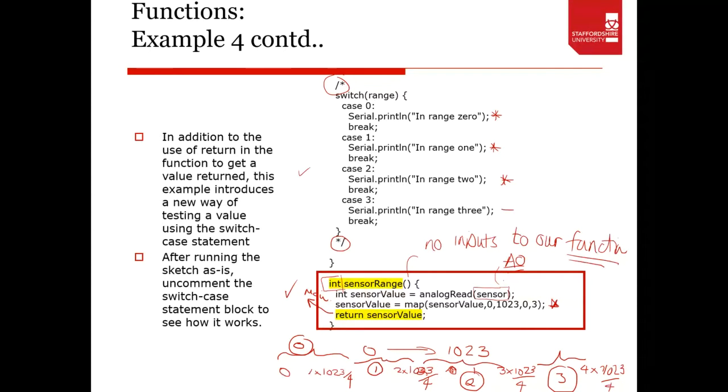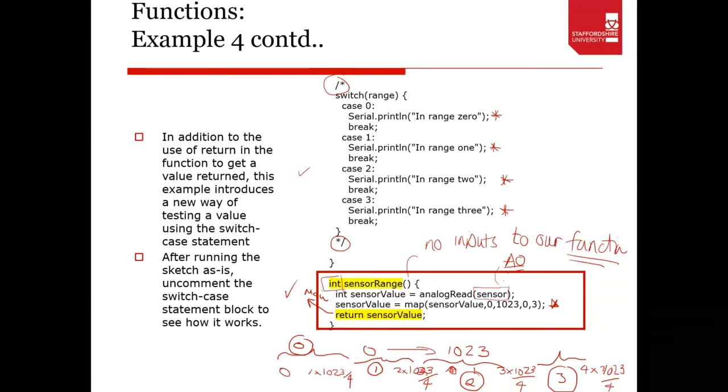Now, I highly recommend using switch case in your programming, but whilst you're testing or debugging your program, I do recommend that you put these serial prints in just to make sure that you're getting into the right case in your switch case, so you get into all of them. Once you're happy that your program is correct, I would suggest removing your print lines on serial monitor, keeping those to a minimum, because that will make your program more efficient and go faster.